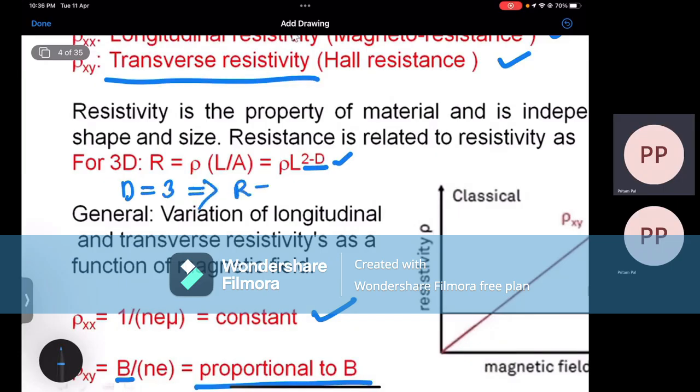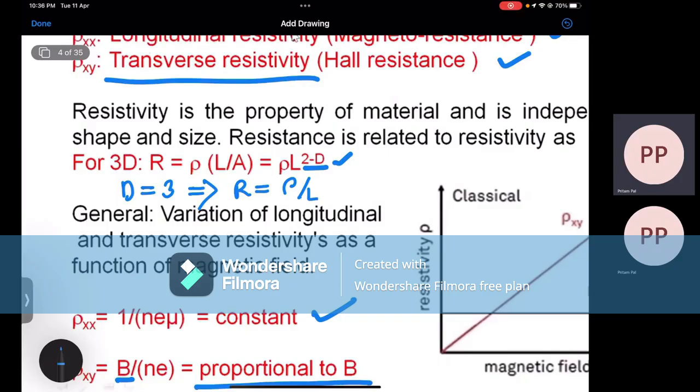So this will become rho by L. So the resistivity is actually the same as the resistance for two-dimension systems.